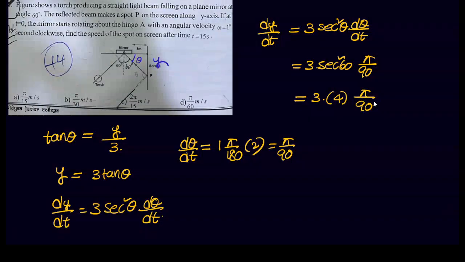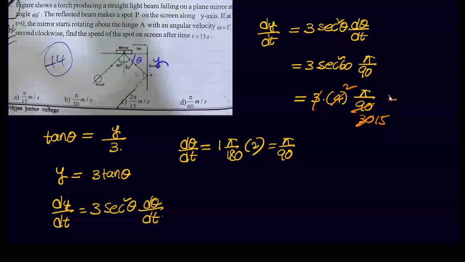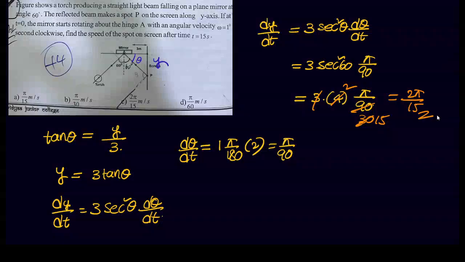How much will this value come to? 3 threes, 30s 2s, and this is 15. So it will be equal to pi by 15. Okay, this much. Tell me now, understood Ashwin or not?